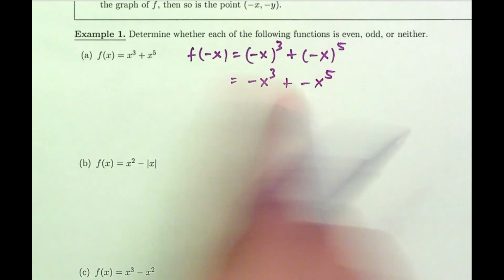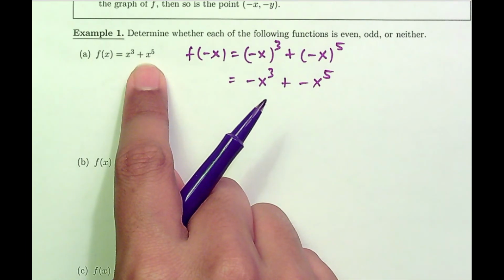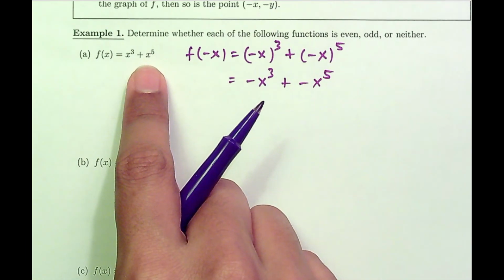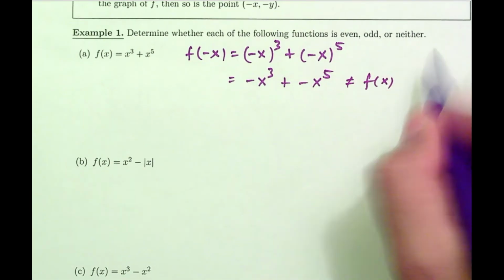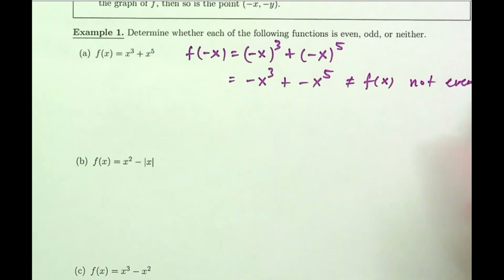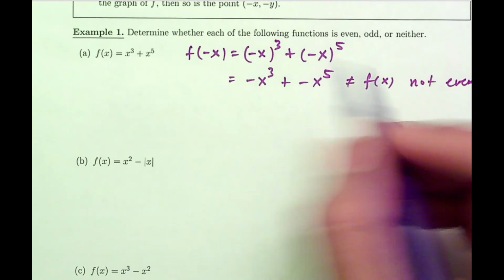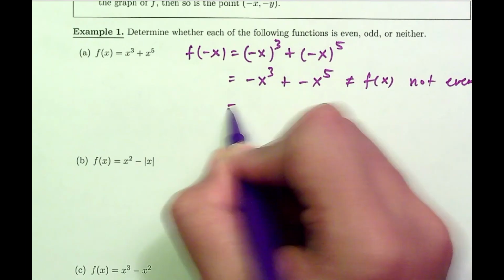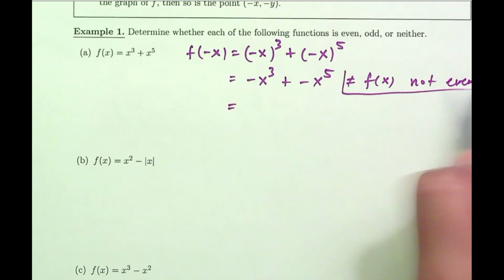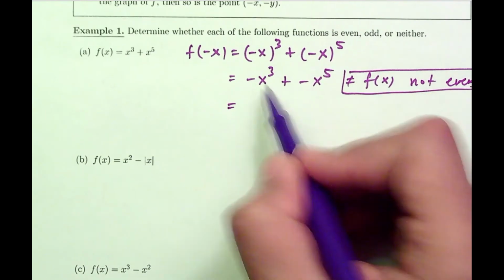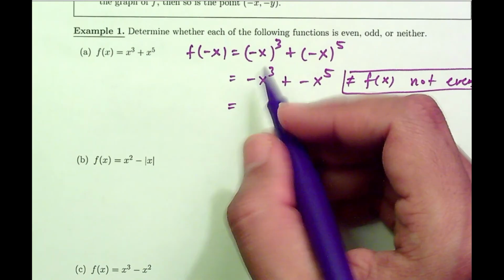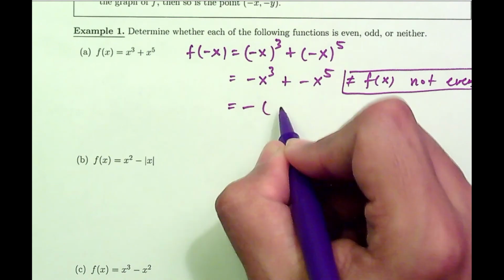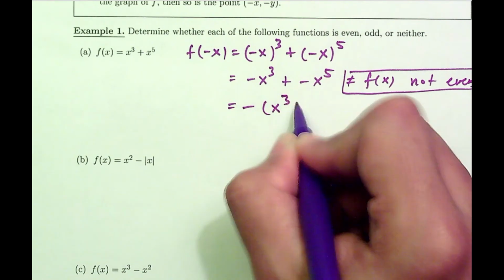Now, our job is to compare. That is not the same as f of x, so that means this is not even, but it could still be odd. So let's check. It is for sure not even, but we still have to check against negative f of x. So factor out the negative. If you factor out the negative, you end up with x cubed plus x to the fifth.